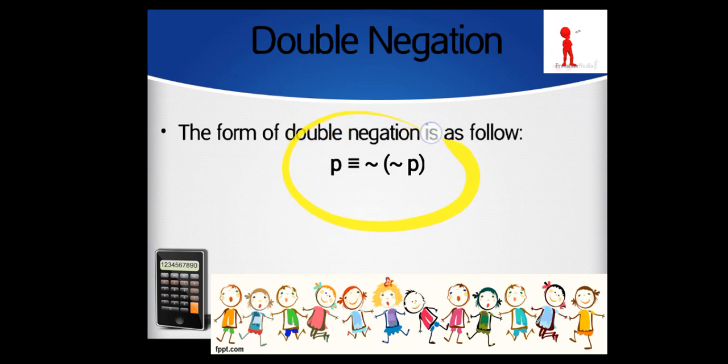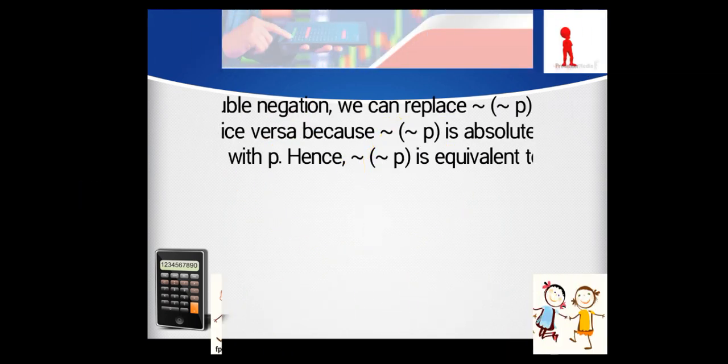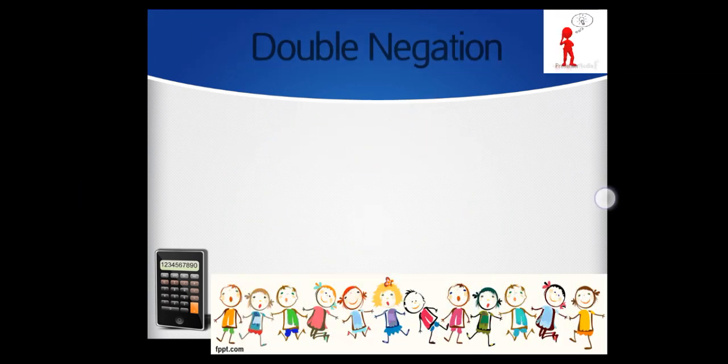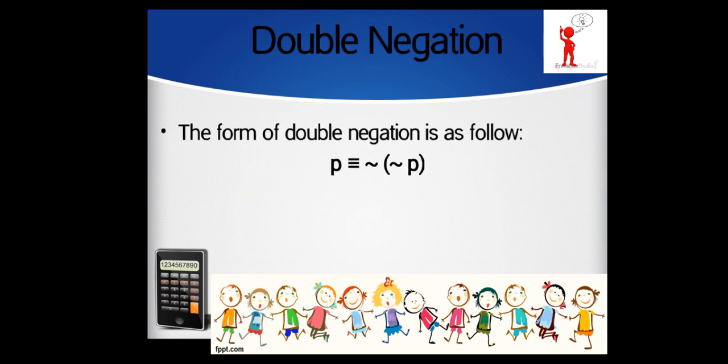And always remember that if we negate something, if there are no open and close parentheses, for example, the answer for this one is not P. If there are open and close parentheses, it will become positive P or P.